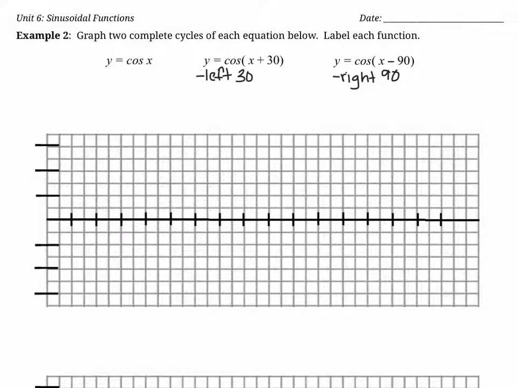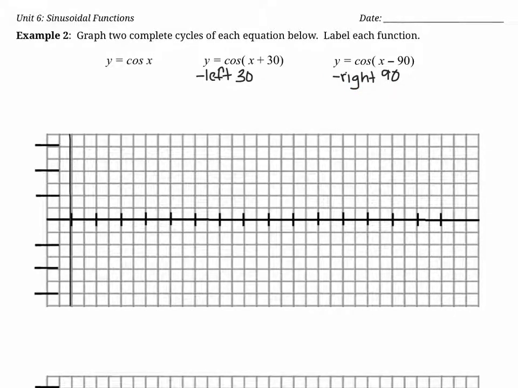So first off, I know that I have to start my y-axis not here, maybe right here, so that I have room enough to put -30 here, because we're going to be shifting to the left 30. On top of that, I'm also shifting in another graph, moving to the right 90.